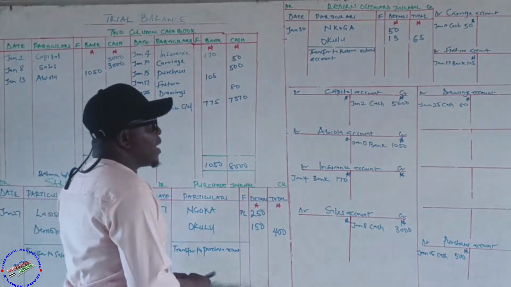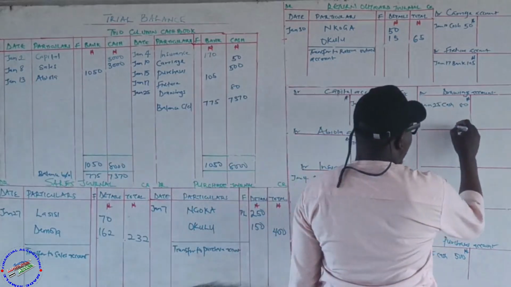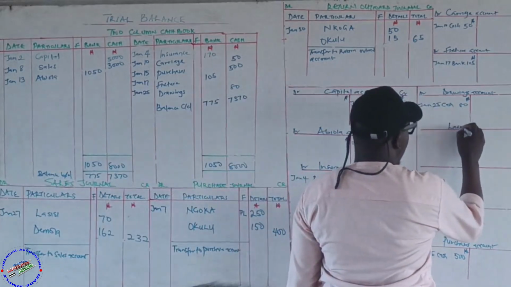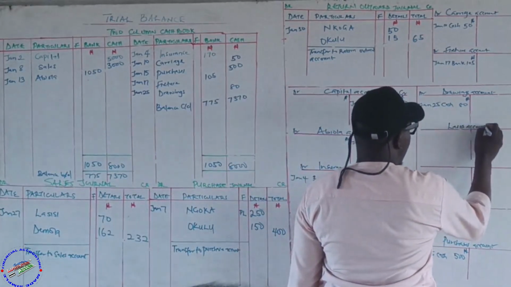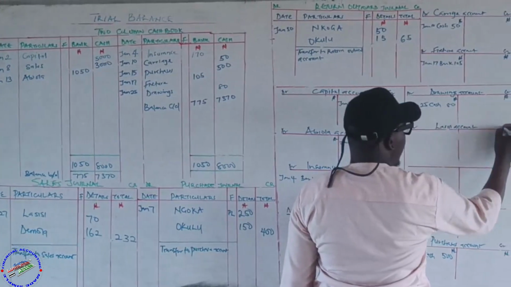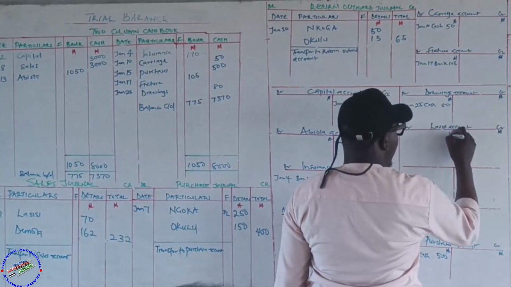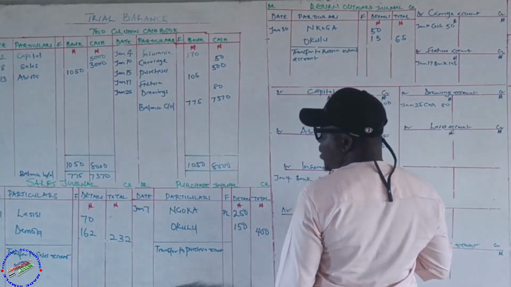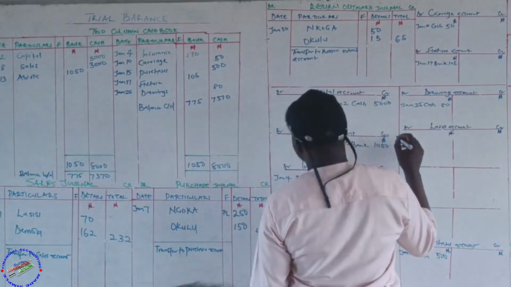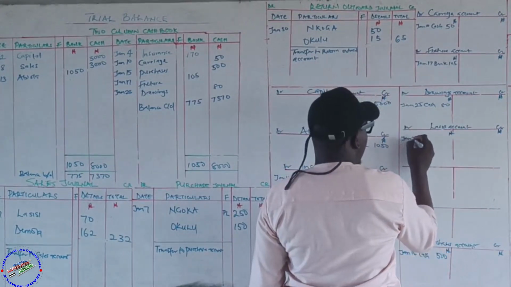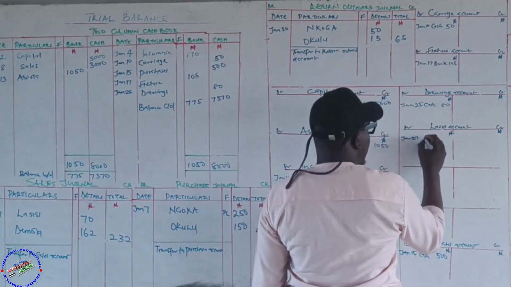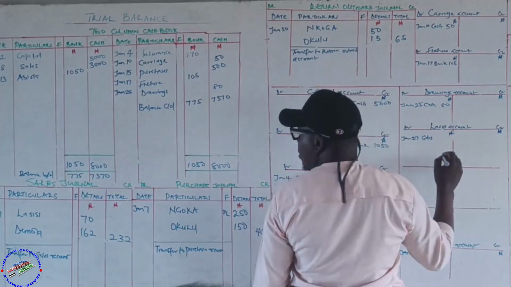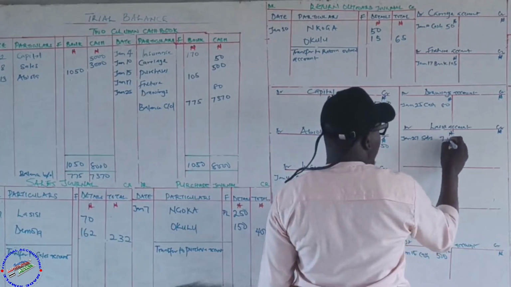So here, individual account, we have Lasisi. So we have to debit the individual account. That's January 27, sales. That is how much? 70.